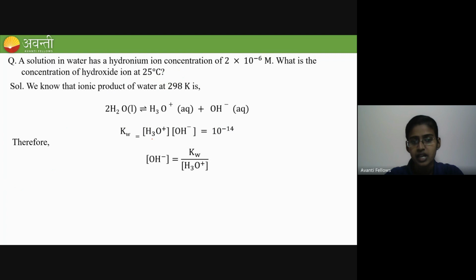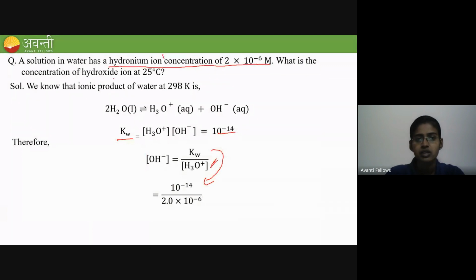Here Kw is 10 power minus 14, and the H3O plus ion concentration is given in the question. So just substitute 2 into 10 to the power minus 6 in that place, and if we solve this, we will get 5 into 10 power minus 9 mole per liter. Just direct substitution. Is this numerical problem clear to all?